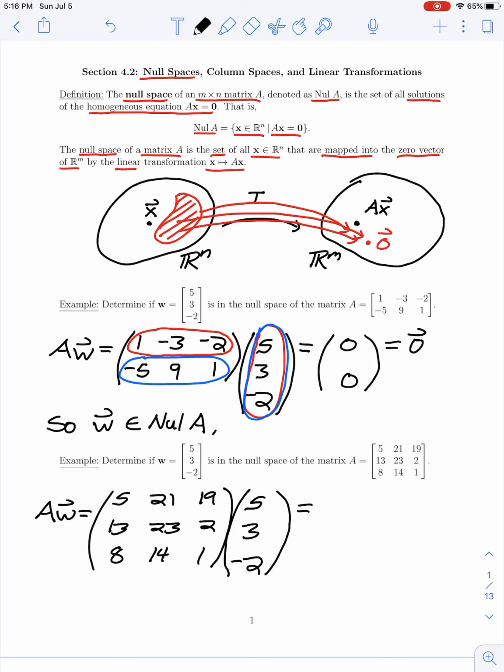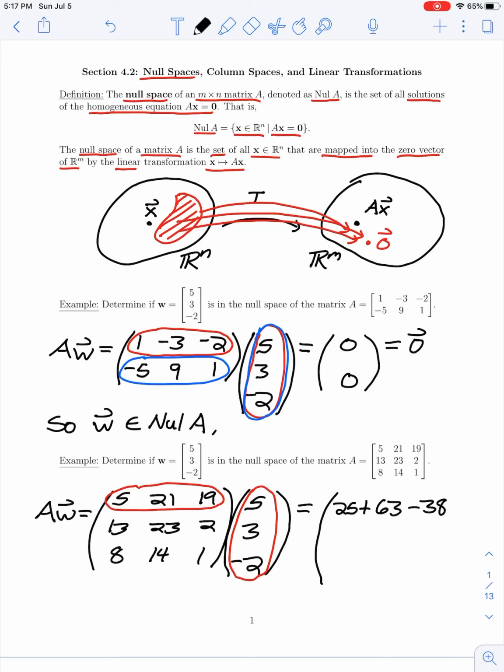So for our product, we will get back a 3 by 1 column vector, where our first entry is the dot product of our first row of A with our column vector w. So here we have, for the product of the first two entries, 25, plus for the second two entries, we have 63, and then minus 38.